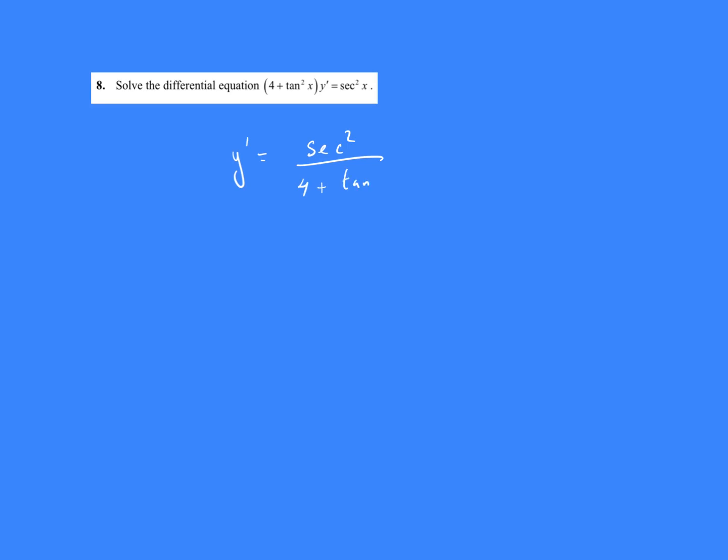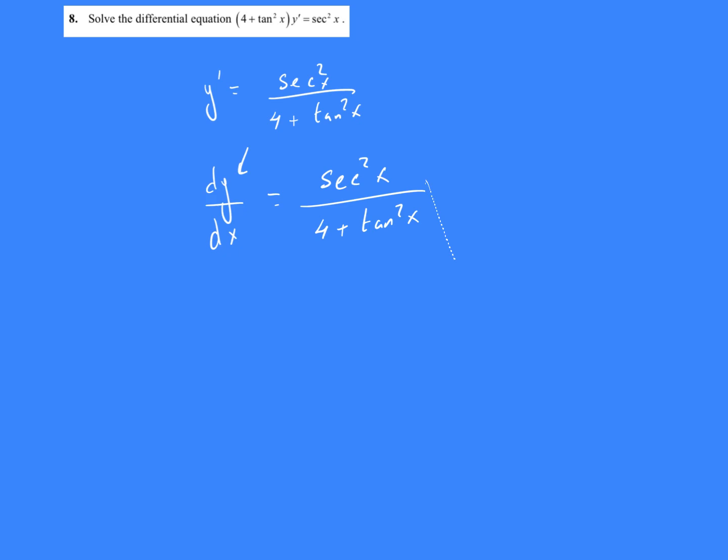The problem is asking which y you have to plug in here in order for the derivative to be secant squared of x divided by 4 plus tangent squared of x. So y is the integral of secant squared of x divided by 4 plus tangent squared of x dx.